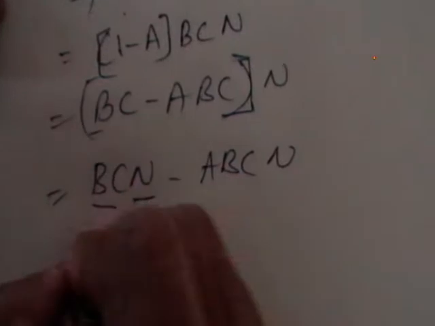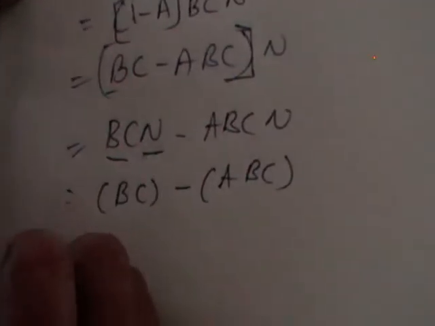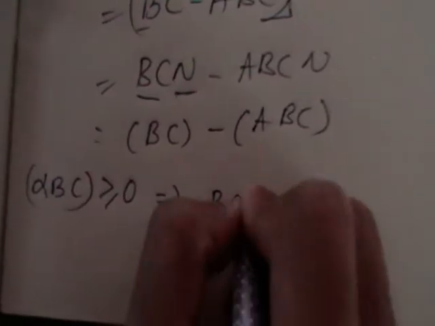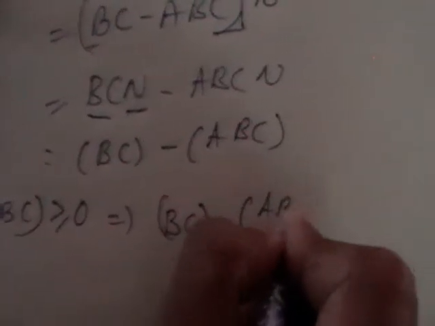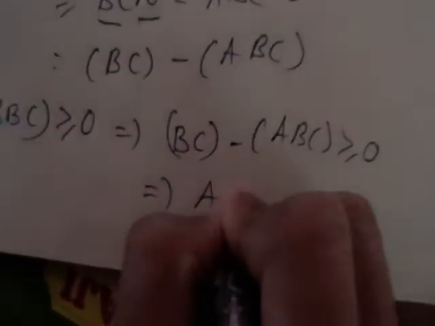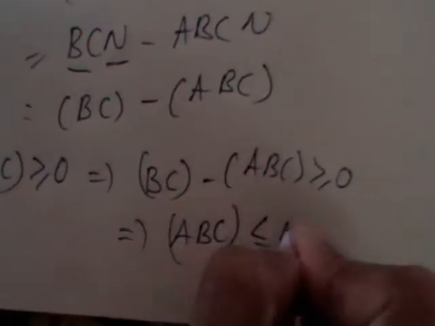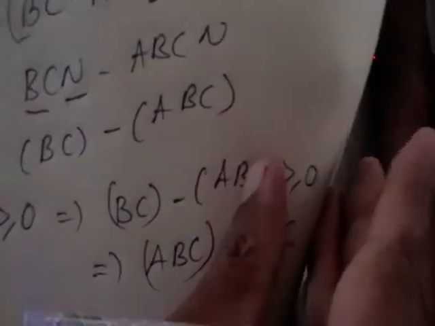As N into class can be written as its class frequency, BC minus ABC. As alpha BC is greater than or equal to 0, you will get BC minus ABC greater than or equal to 0, which implies ABC is less than or equal to BC. This is one condition. What is the next frequency you have? Alpha beta C.